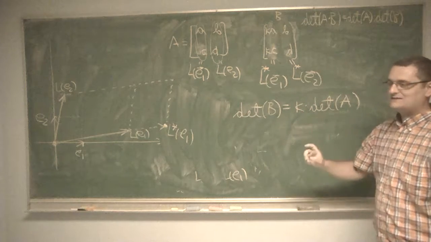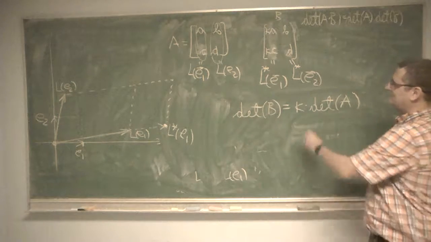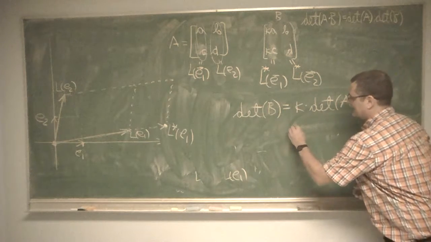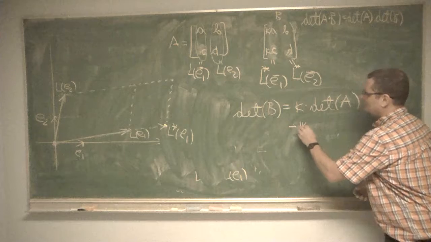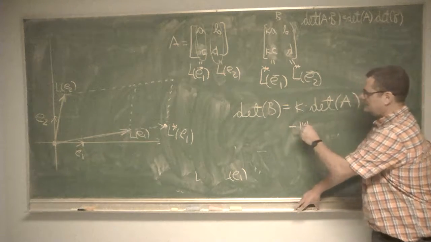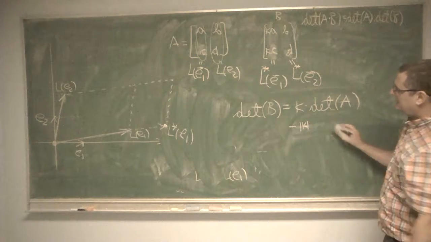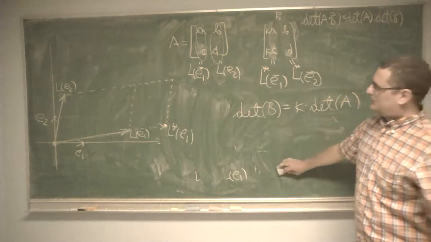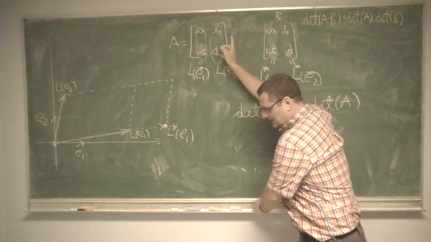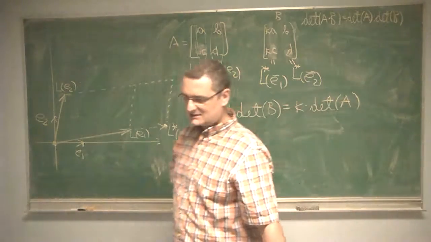Because k is negative, that just means multiplying by factor k, or in other words, multiplying by negative absolute value of k, which, when k is negative, means multiplying by k. Okay, that's for multiplying an arbitrary column by a non-zero constant.